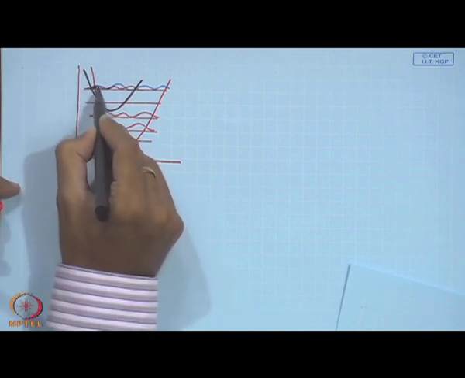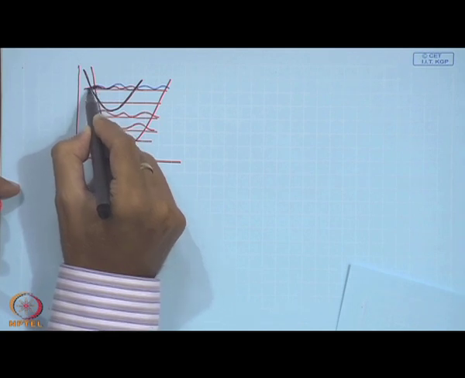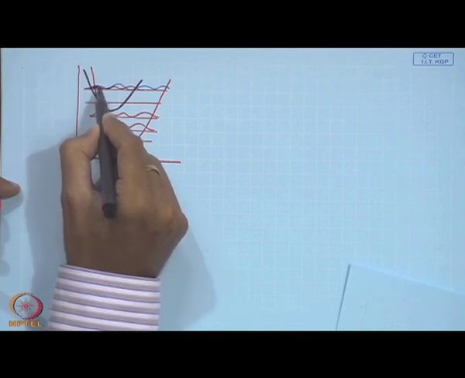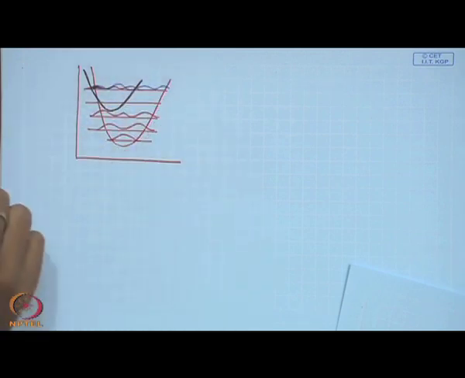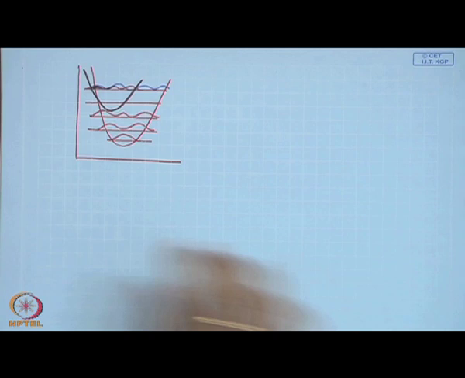So this may change depending on their placement, and depending on the placement and their overlap, the rate of tunneling from one surface to the other may get affected. Anyway, that completes the discussion with respect to Marcus theory.